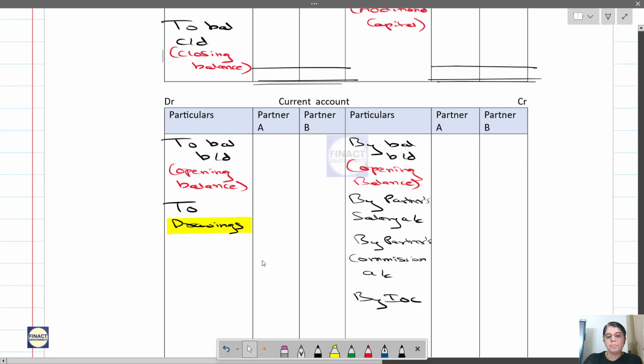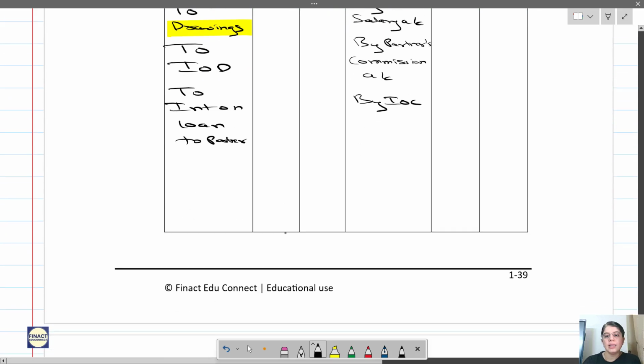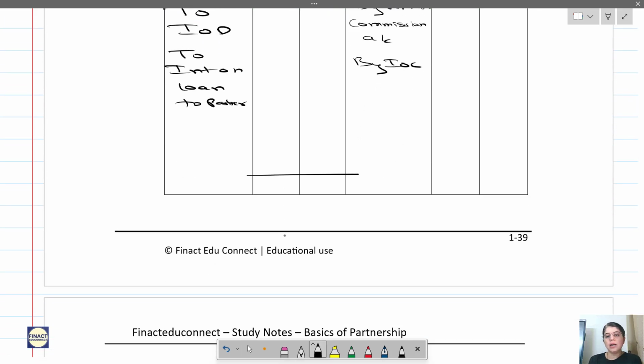Okay, now on debit side we have to recover interest on drawings also. Then if there is some loan given to partner, then interest on loan to partner will also come over here. Okay, then what we need to do is we will close it.